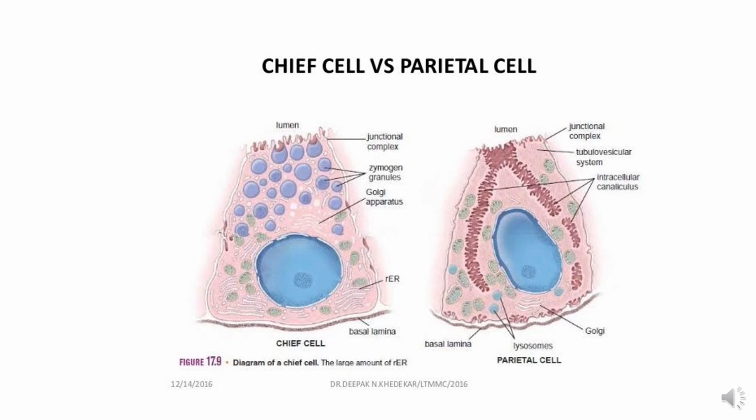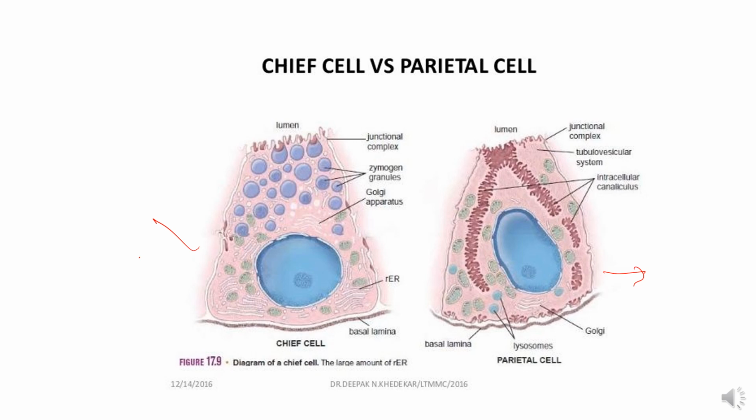In this slide, the differences between the chief cell and the parietal cell are shown, and these are very obvious. The chief cell is the enzyme-secreting, protein-secreting cell, while the parietal cell is the acid-secreting cell, related to the function of ion transportation.